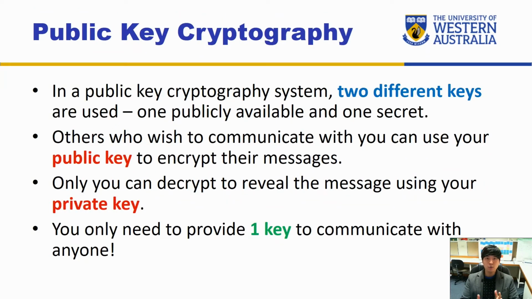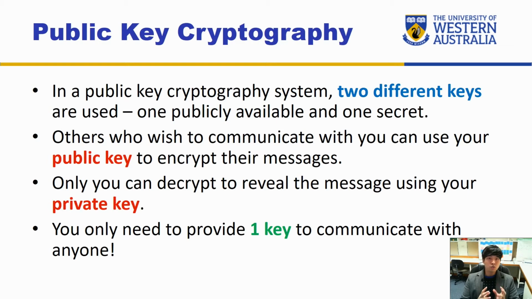So that's when a public key cryptography system comes in handy. What it does is we keep 2 different keys, one for encryption and one for decryption. When somebody wants to communicate with you, they just find your public key, encrypt the data using your public key, and then give it to you.